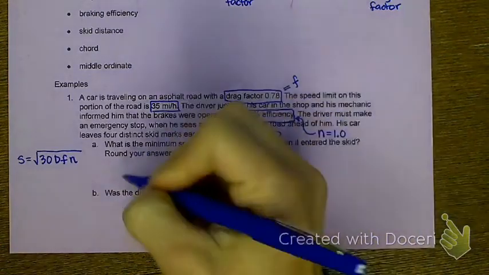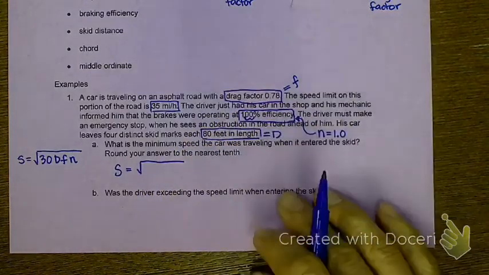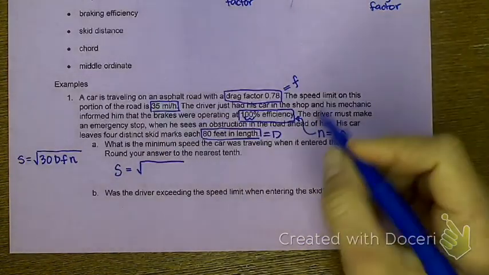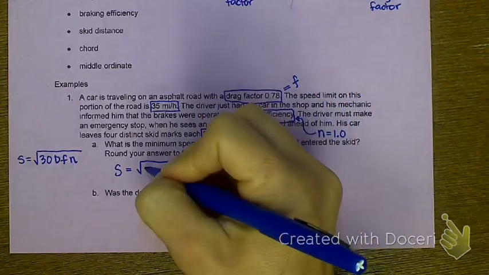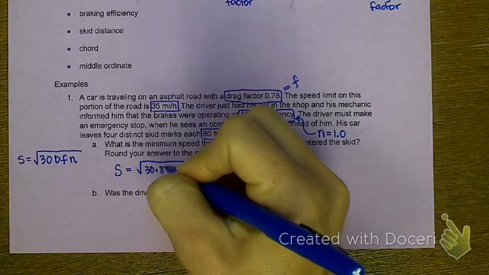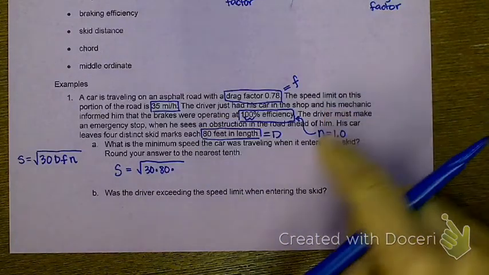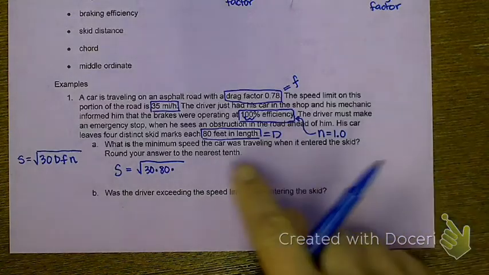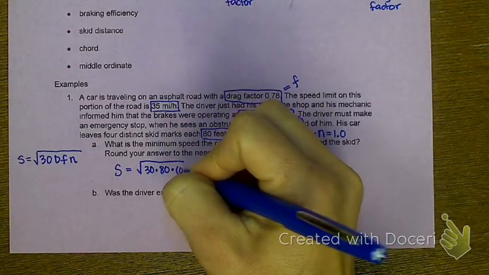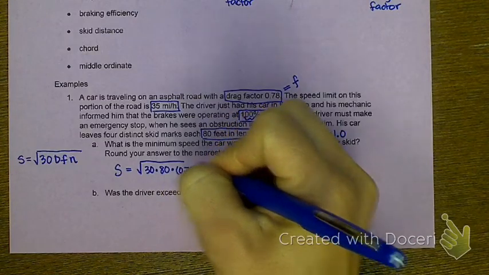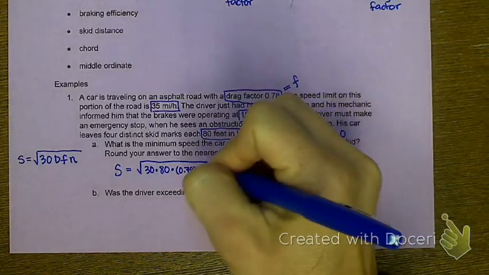So when we plug in, we're gonna get our speed equals the square root, okay, of D was our skid length. Our skid length is 80, so 30 times 80 times our F value. Our F value was our drag factor. Our drag factor was 0.78. And then times our N value, which was our braking efficiency, that was 1.0.